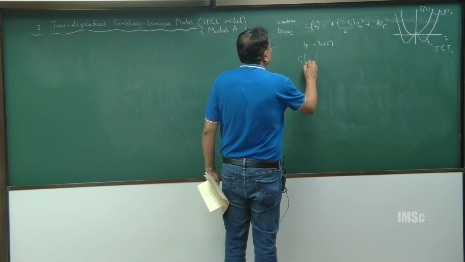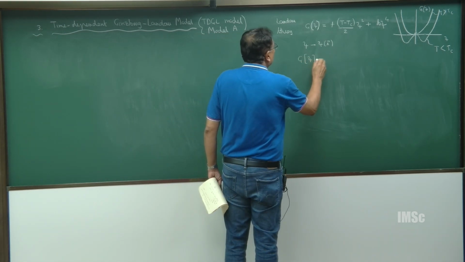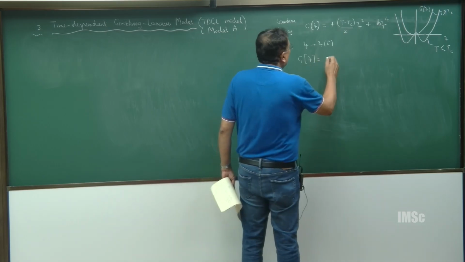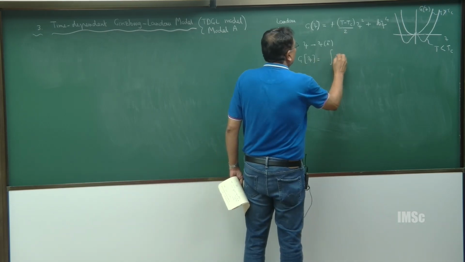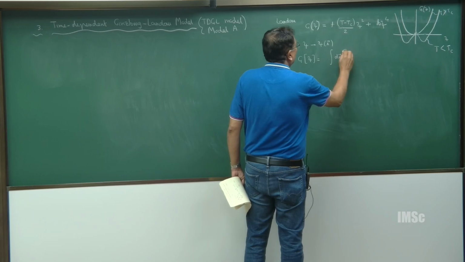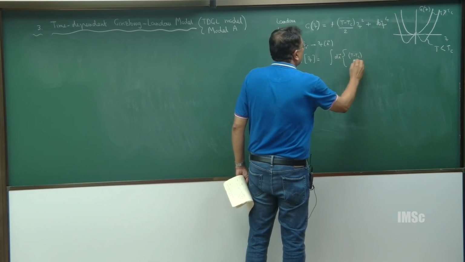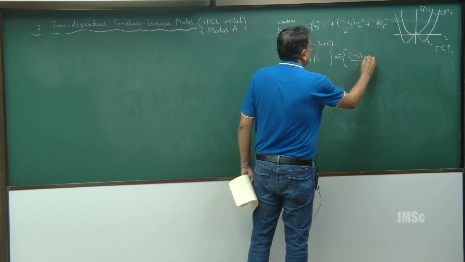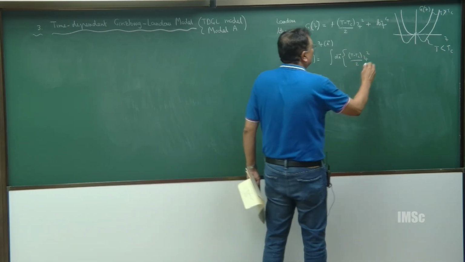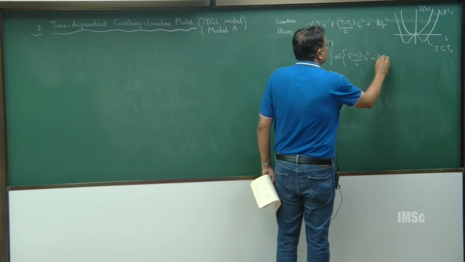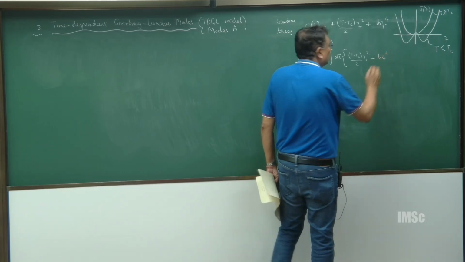Now it is a functional of psi, equal to the integral over dr of (T minus Tc) over 2 psi squared, where psi is now a function of r, plus B psi fourth.